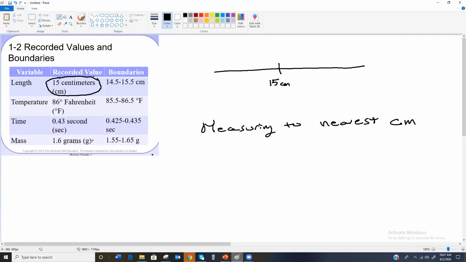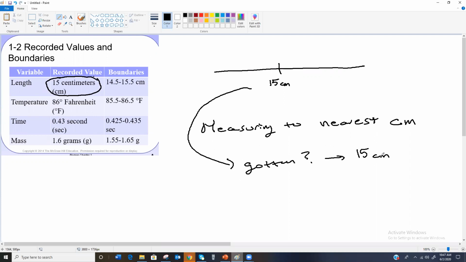What could you have measured that item in order for you to write down 15 centimeters? What measurements could you have gotten that would have given you 15 centimeters for your result on your table?